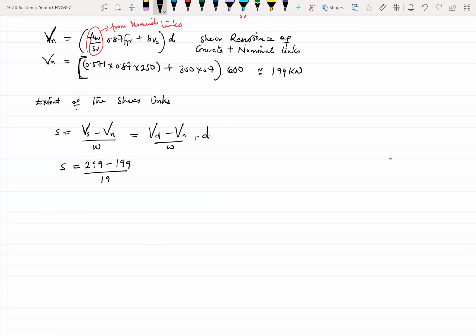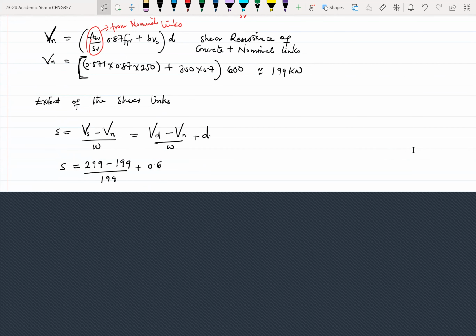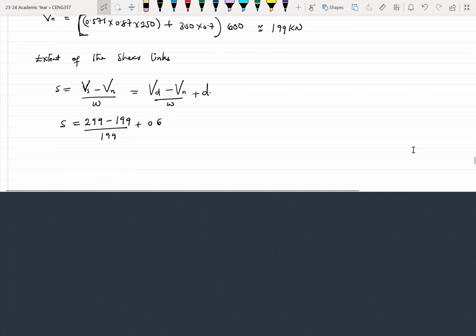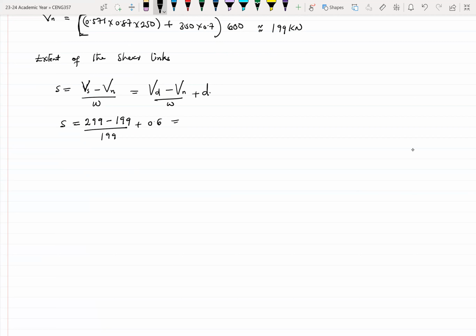So over 199 plus 0.6 for the D. Once we do that, this is equal to 1.1 meter. So that's how far our shear length should extend from the face of the supports.